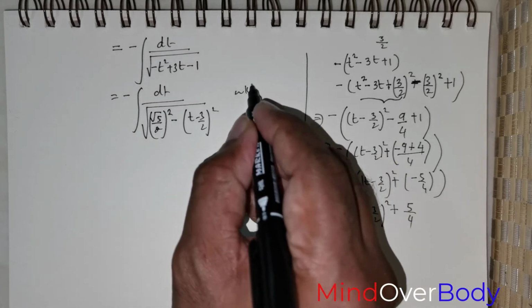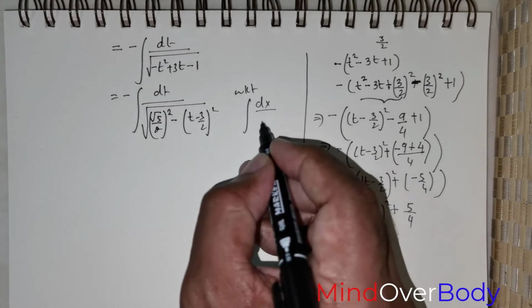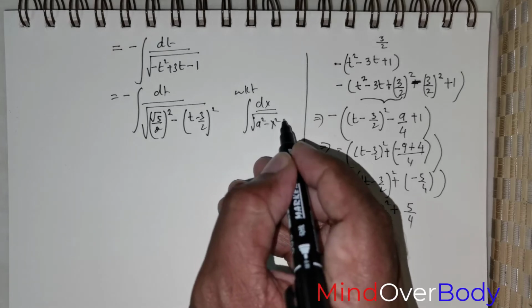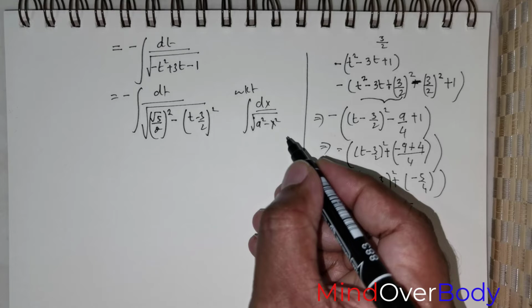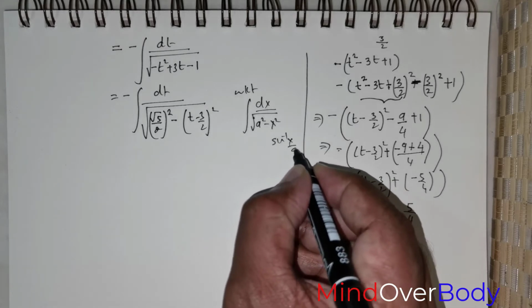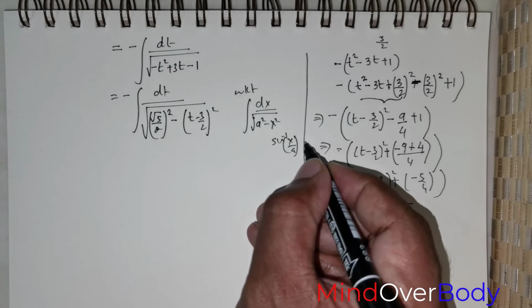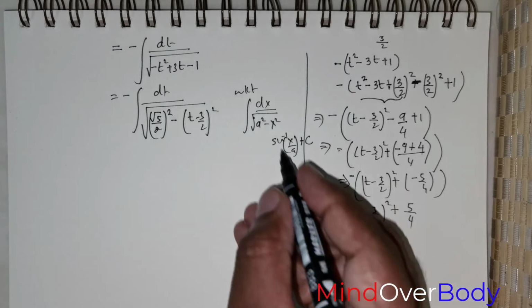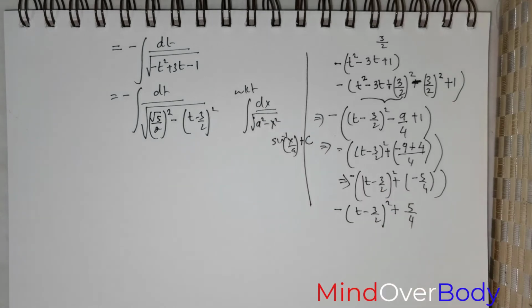Now we know that integral dx over root of a squared negative x squared, what is this? This is sine inverse of x over a, with the arbitrary constant c, right? So we can use this formula.